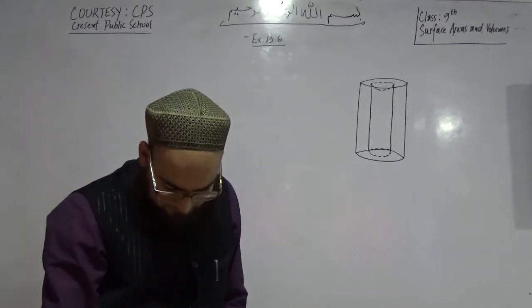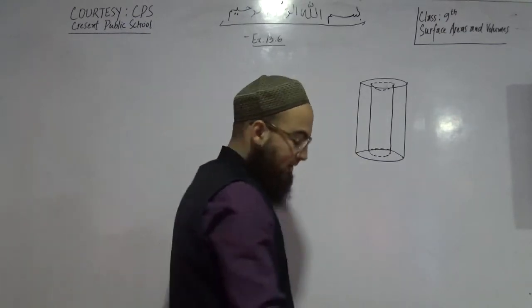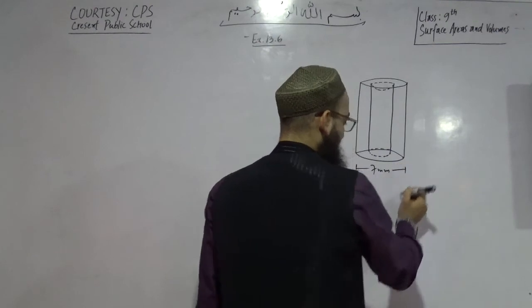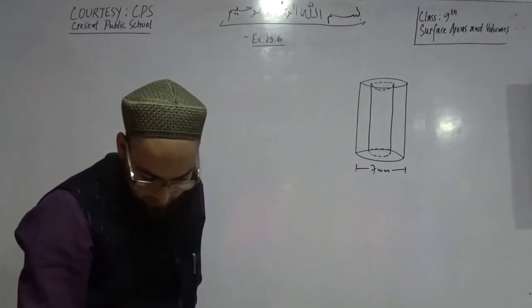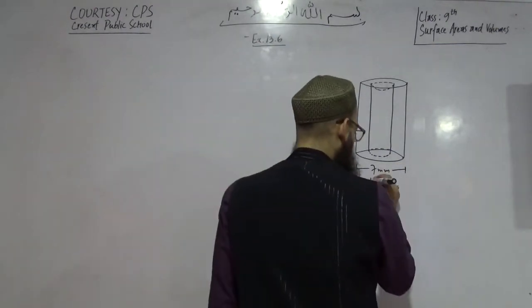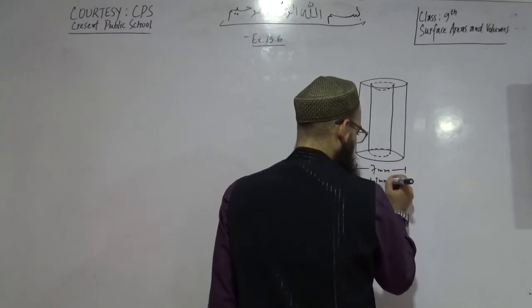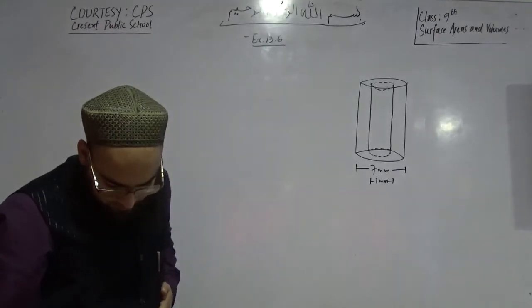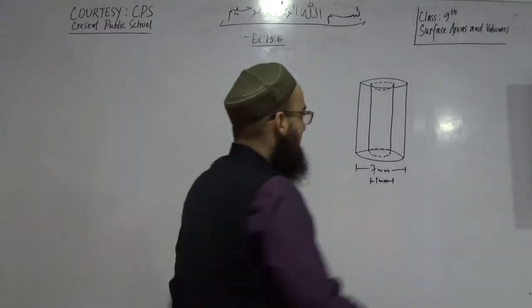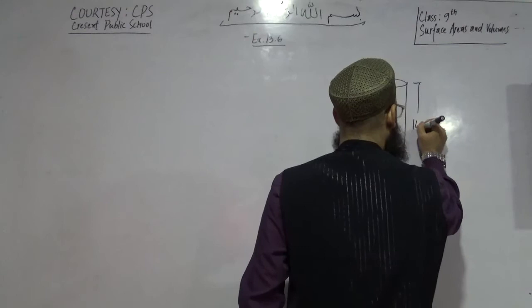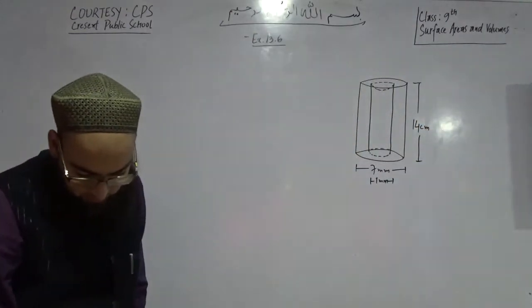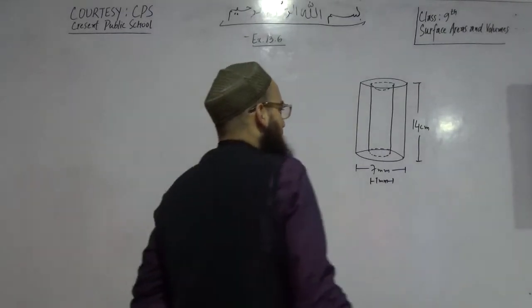Now the diameter of the pencil is 7 mm. And diameter of the graphite is 1 mm. So this diameter is 1 mm. The length of the pencil is 14 cm. Find the volume of the wood and that of the graphite. Now you can go easily.